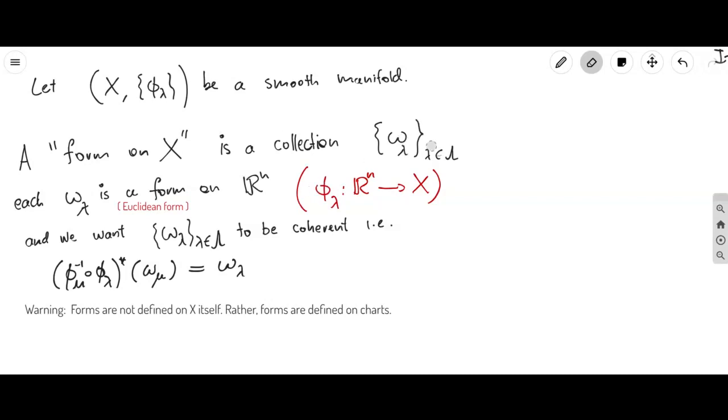So you're making these choices and you want them to be coherent on these transition mappings. And this basically means that when you change coordinates from one chart to the other chart, everything works out to be consistent. So that's the definition. It might be a little bit abstract, but we're going to do some examples that will help clarify how this works.